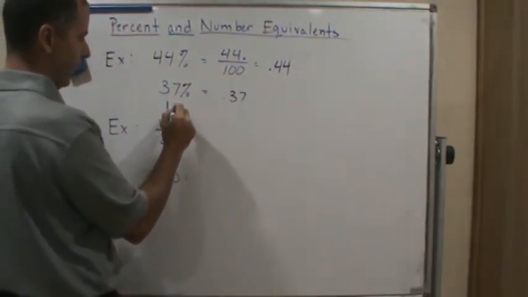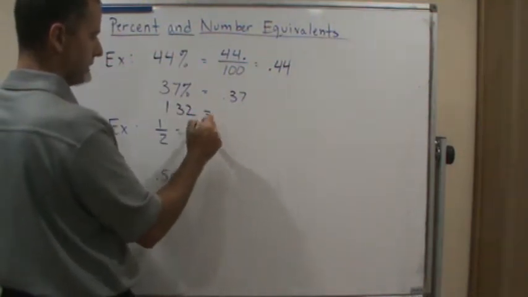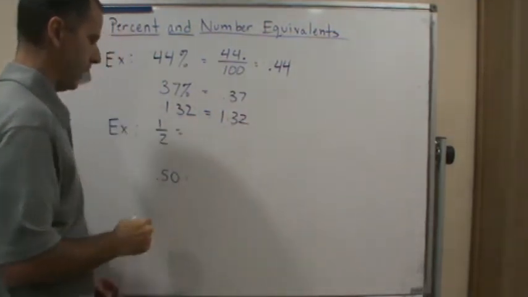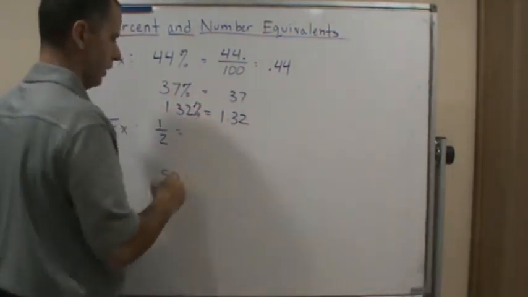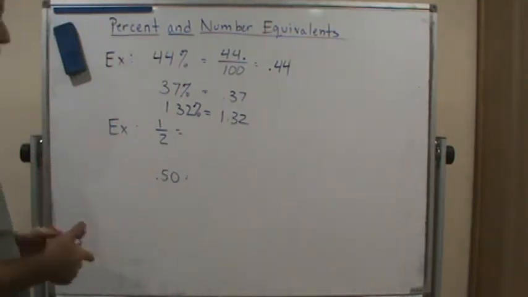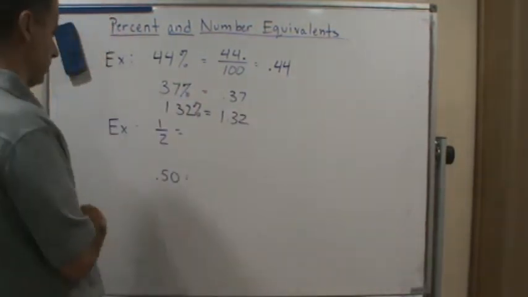Or if you had 153.132%, you would do the same thing: drop the percent sign, move the decimal point to the left 2 spots. It's all based on the definition of what a percentage is.